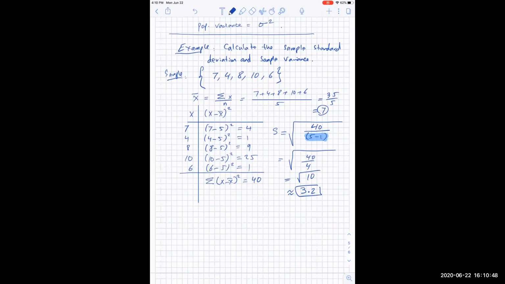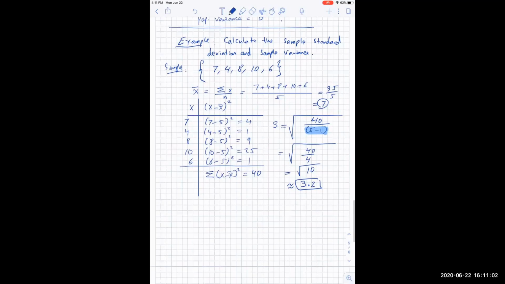Your calculator will also give you the standard deviation. The sample standard deviation can be found with the calculator using exactly the same steps that I showed you for finding the sample mean. And then if I want the sample variance, which is S squared, I don't go to my approximation.